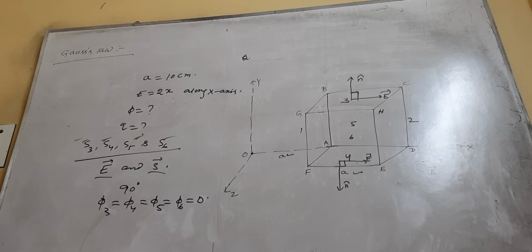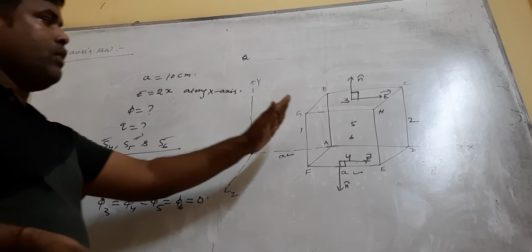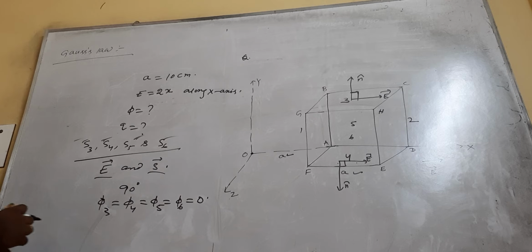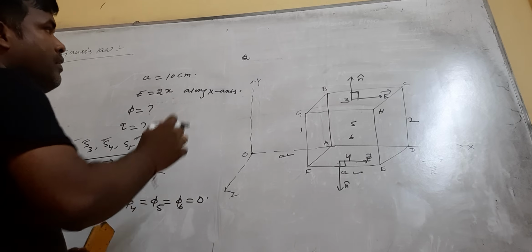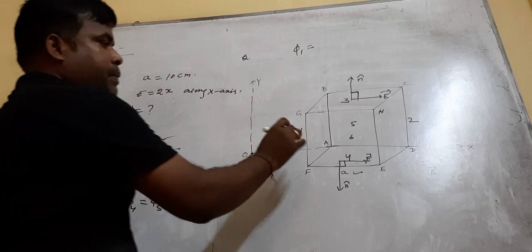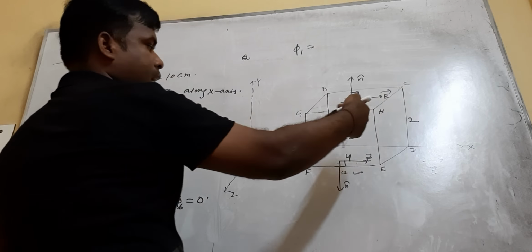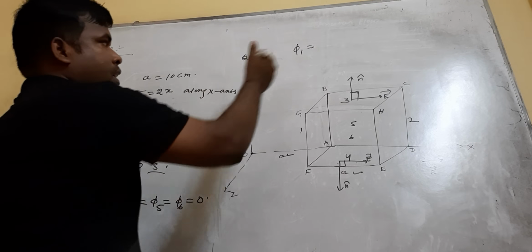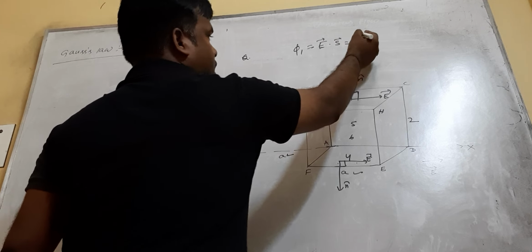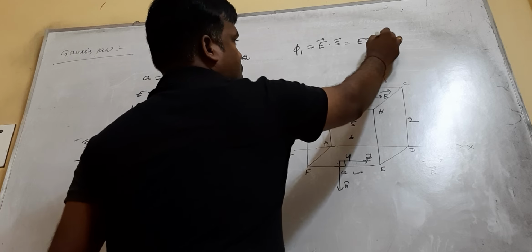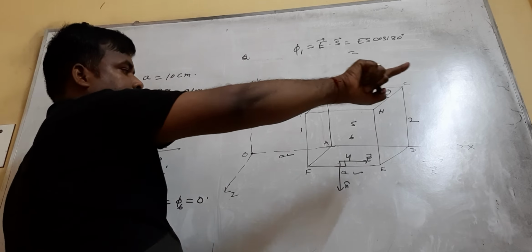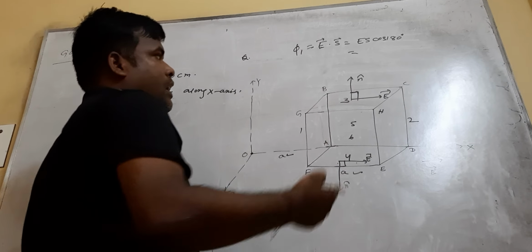So now come to the electric flux linking with the first face and second face. For first face, let it be phi 1. Electric field is towards right and area vector is towards left. That is E vector dot S vector, that is ES cos 180 degree, because electric field is towards right and area vector is towards left.